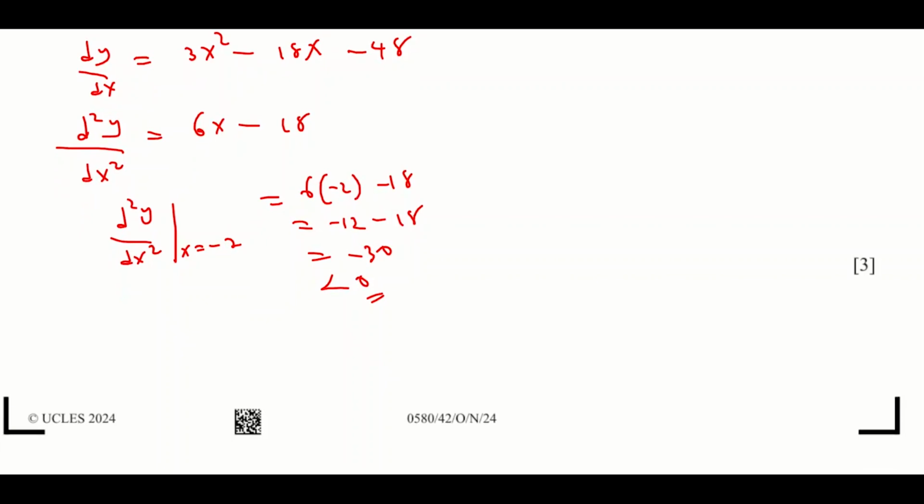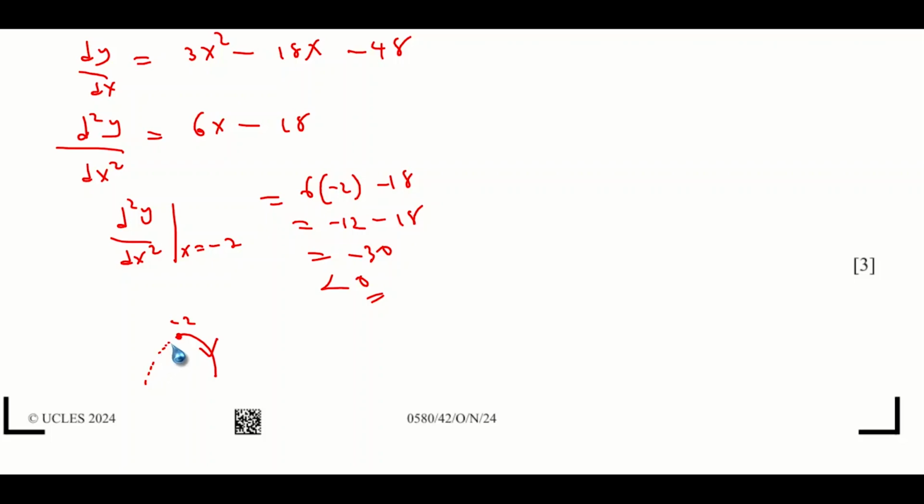So less than 0, the implication of this is this. Let me sketch this. Let's say this is the point x equals minus 2 now. Since the second derivative is less than 0, that means after this turning point, it begins to come down like this. So the implication is that it was actually increasing before the turning point.